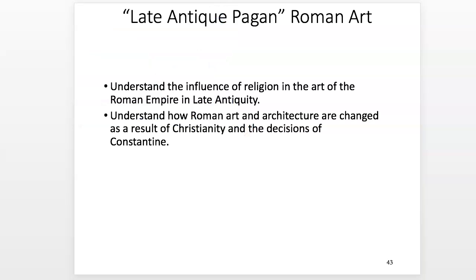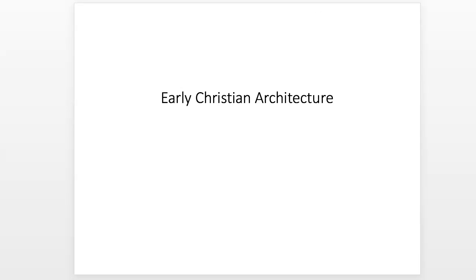This is where we're going to talk a bit about the influence of religion and art in the late antiquity, and also how art and architecture changed as a result of Christianity and decisions of Constantine to legalize it. So that's what we're going to talk about in the next section in this chapter's lecture number 2.